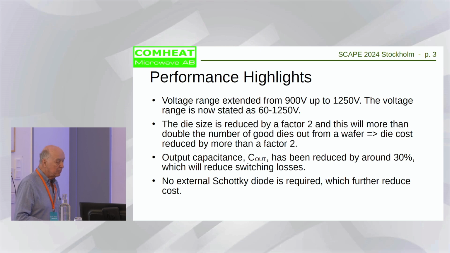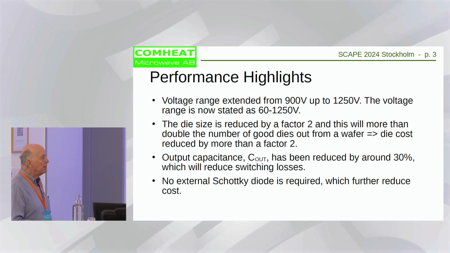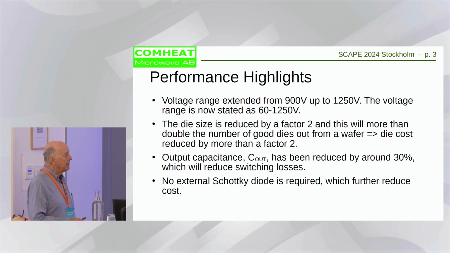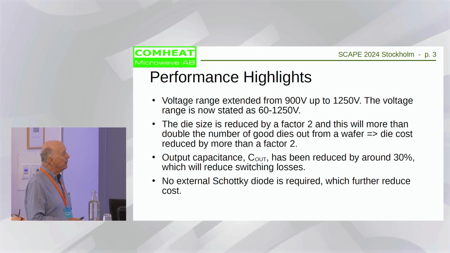Some of the highlights: we have extended the voltage from 900 volt up to 1250 volt, and it's now stated as from 60 to 112. In addition, the die size has been reduced by a factor of 2, and this will more than double the number of good dies from the wafer. Die cost is reduced by more than a factor of 2.